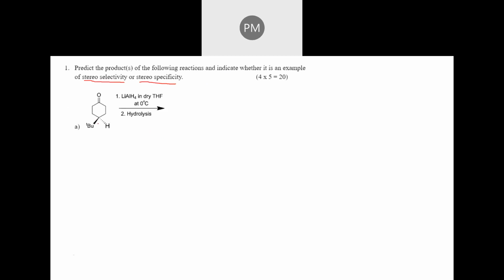So this is a six-membered cyclohexane type of ring. If I redraw this ring in another way, like a chair form, the ring will be like this. So I am drawing the chair form of this ring.